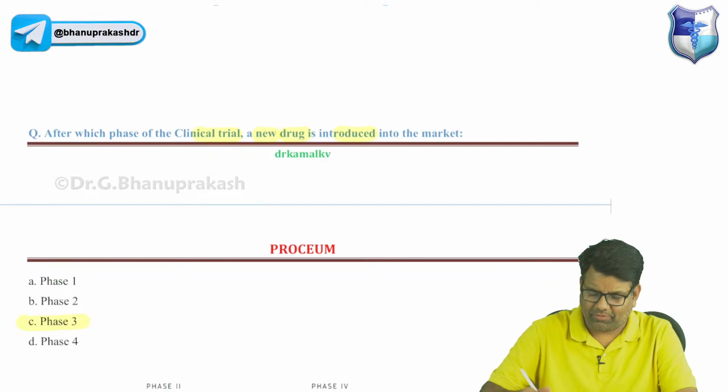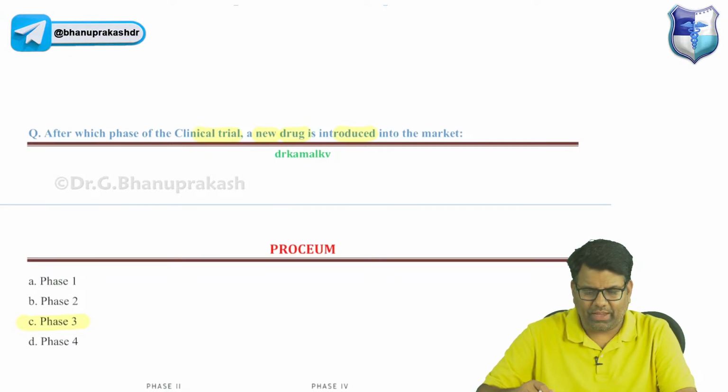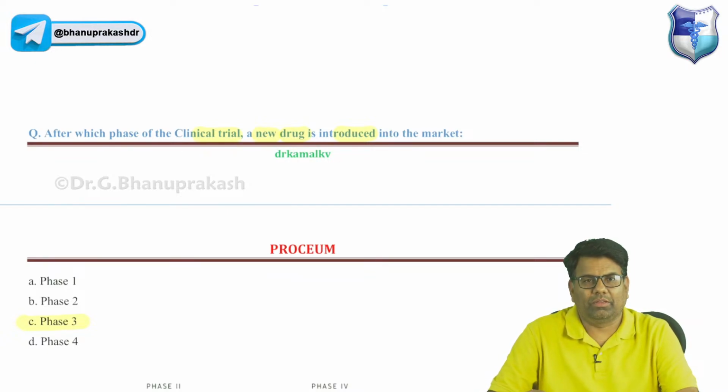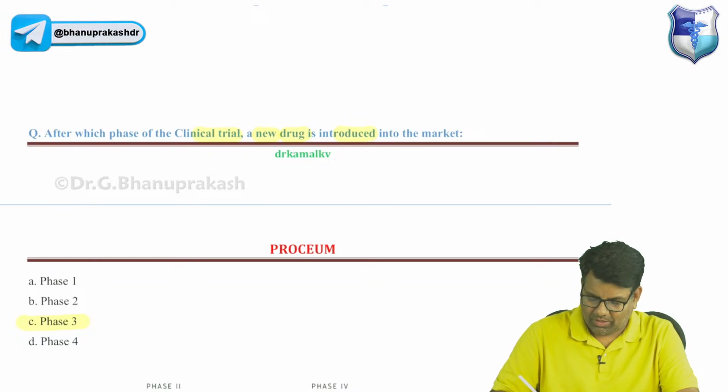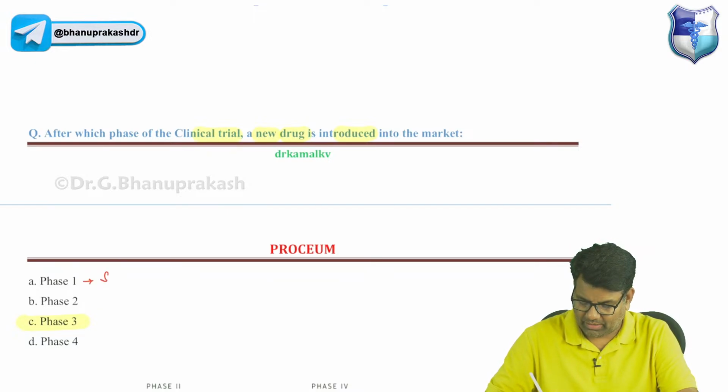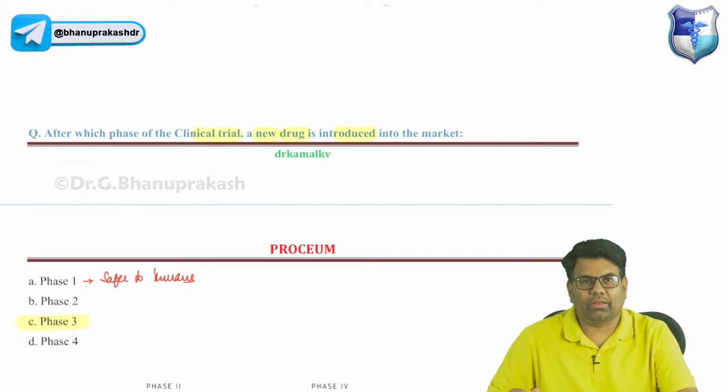Now let us discuss the phases as such. Phase 1 is about human safety. Whatever drug we are planning to introduce into the market, it should be safe.